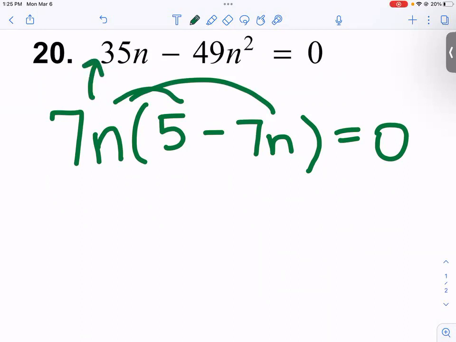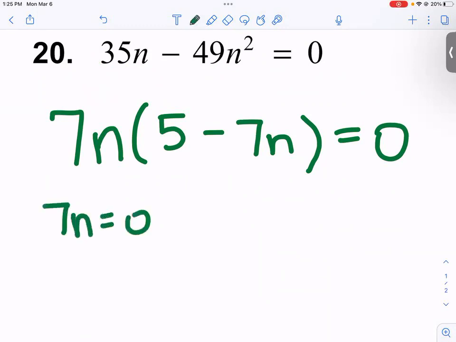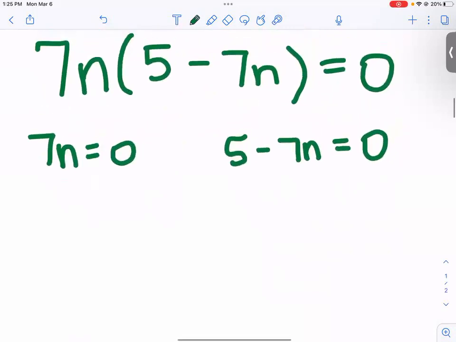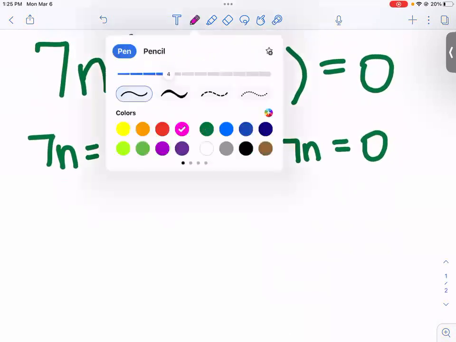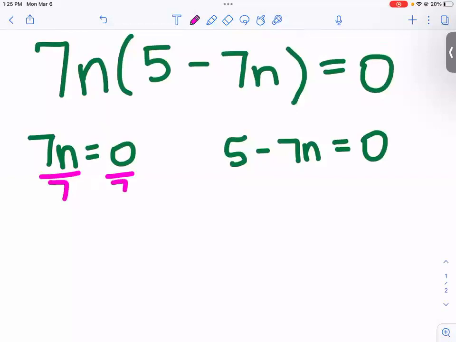Well, now that we have that equals 0, we can say 7n equals 0, and 5 minus 7n equals 0. What does n equal here?